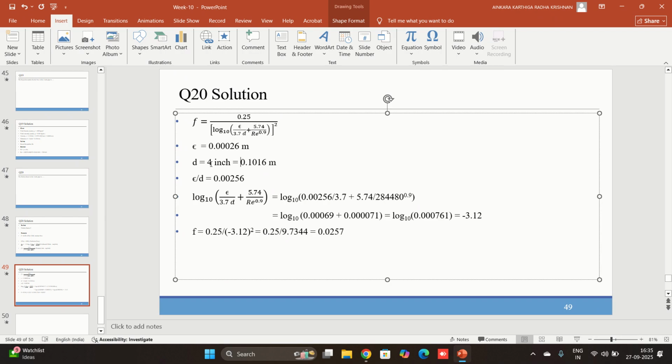Epsilon by D is 0.00026 divided by 0.1016, which is 0.00256.